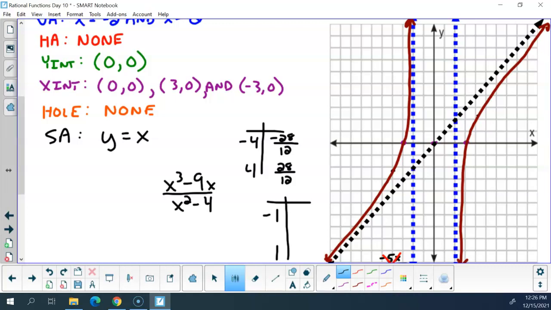Negative 1 times 9 is negative 9. Negative 1 minus negative 9, no? Positive 8.